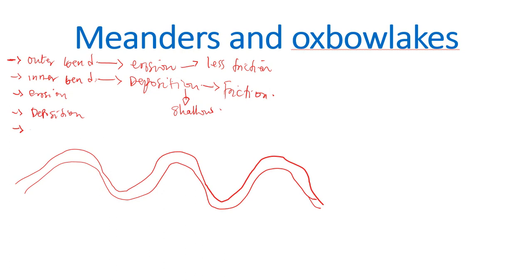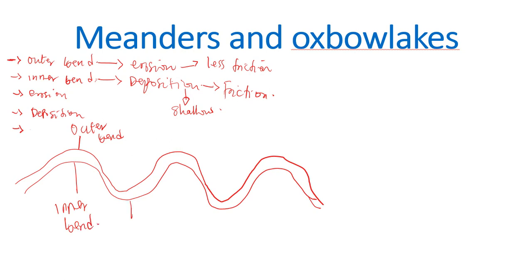As the water moves, you need to identify where the outer bend is and where the inner bend is. So here is the outer bend. Here forms the inner bend.